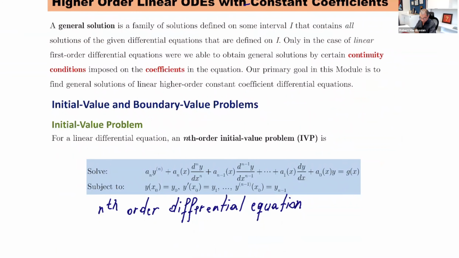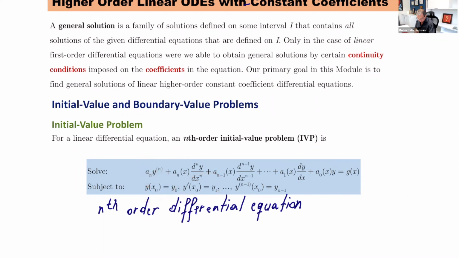Now to go over that theory, let's go over a couple of definitions. The first one is initial value and boundary value problem. Let's understand what an initial value problem is, and we also call that IVP. Just watch the first video. Now this is an nth order differential equation, and these are given initial values.